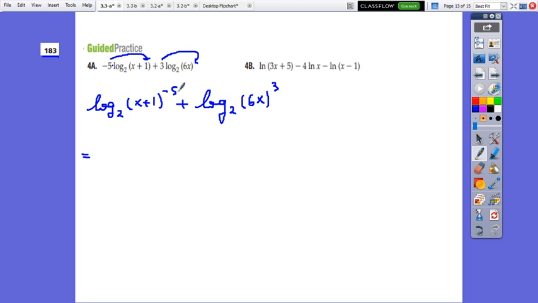And this equals, plus between the logs, it came from product, so log base 2 of x plus 1 to exponent negative 5 times 6 cubed is 216 times x cubed.